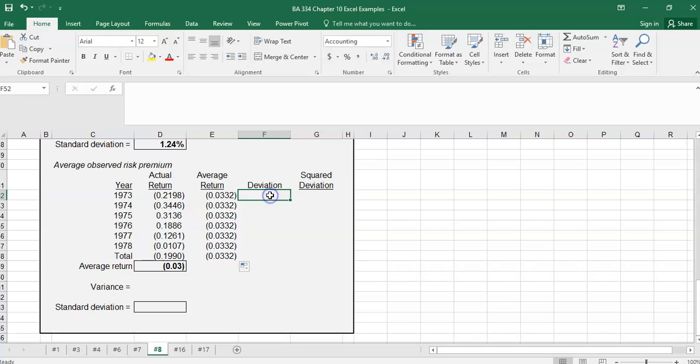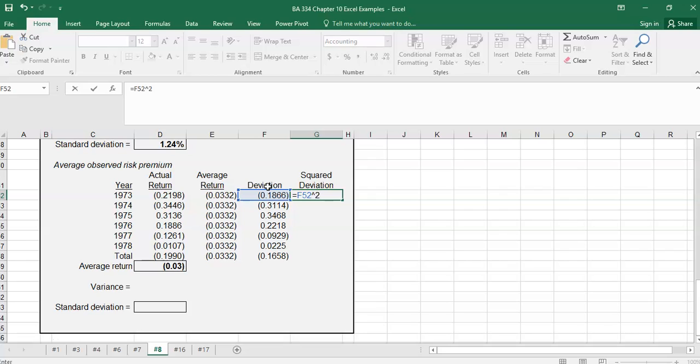And then the difference between the two. And the deviation squared, that comes to the power of 2. You get a very different result if you do it times 2.